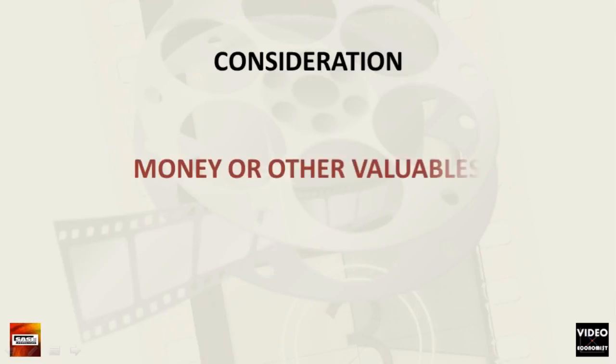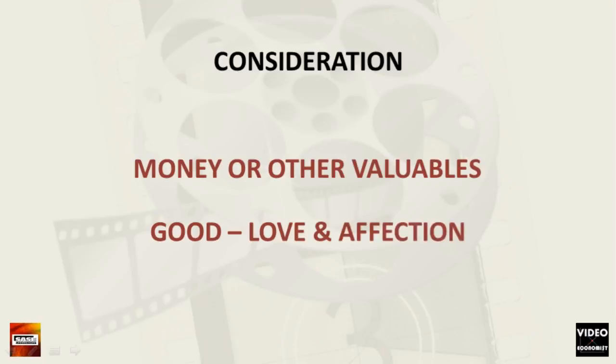There must be a consideration given, money or other valuables, or it could be something as simple as love and affection. And this goes back many centuries, when wives were considered chattel property, as real estate.